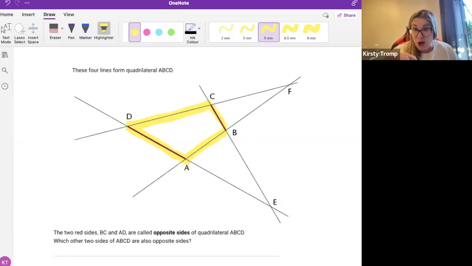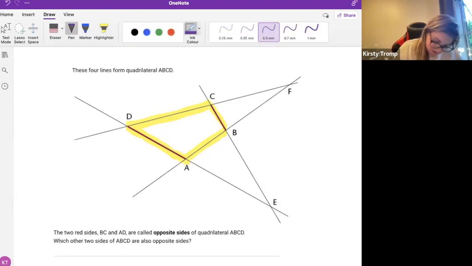So a reminder, opposite sides are sides that are opposite to each other. Right, Mulalo, tell me, which two sides are opposite to each other? I think it's DC and AB. Well done. Okay. Now, remember, we always go in alphabetical order. Your AB is perfect. So AB and CD. Mulalo, why can't we say that they're equal to each other?